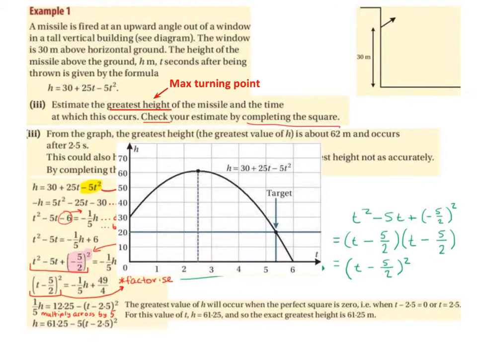So if we have a look at our graph, this is the maximum turning point. And if we move over to our y-axis, it's around 62 meters, and it happens at 2.5 seconds. So 2.5 seconds and 62 meters approximately.